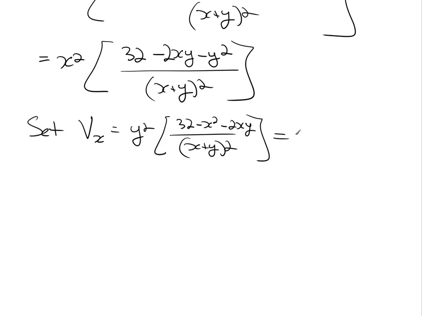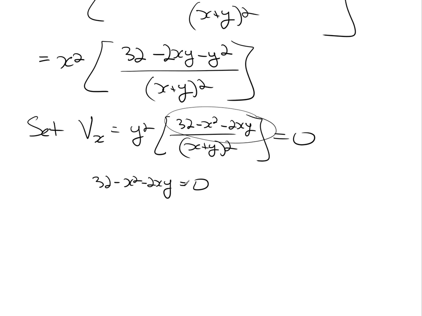When I set that equal to 0, remember y is a constant with respect to x. So really it's going to be 0 when this equals 0. And then I'm going to end up with 32 minus x squared minus 2xy equals 0.